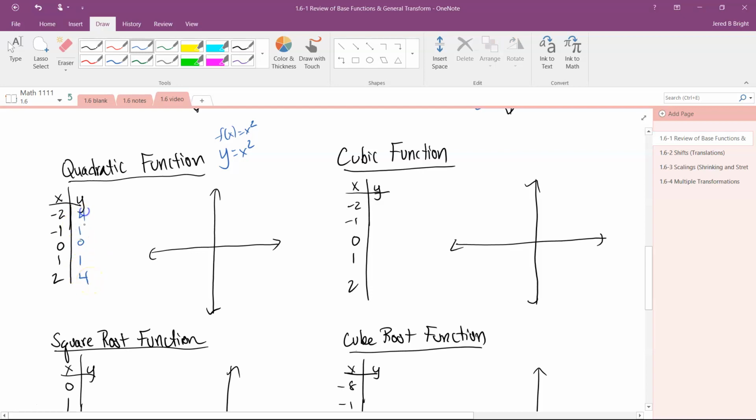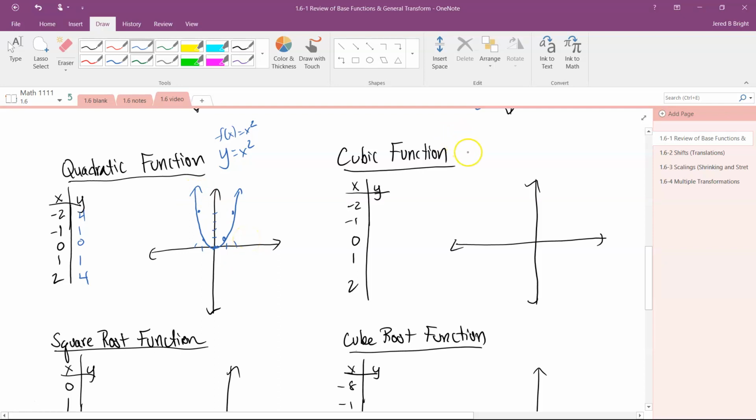And then when we square negatives, remember they become positive. So graphically what we end up with is something that looks like this. Okay, so I just plotted those points, and I'm going to connect them with a curve, and you might recall the shape of this graph is called a parabola. Okay, so there we go. It's a U. Make sure it's rounded, not pointed.